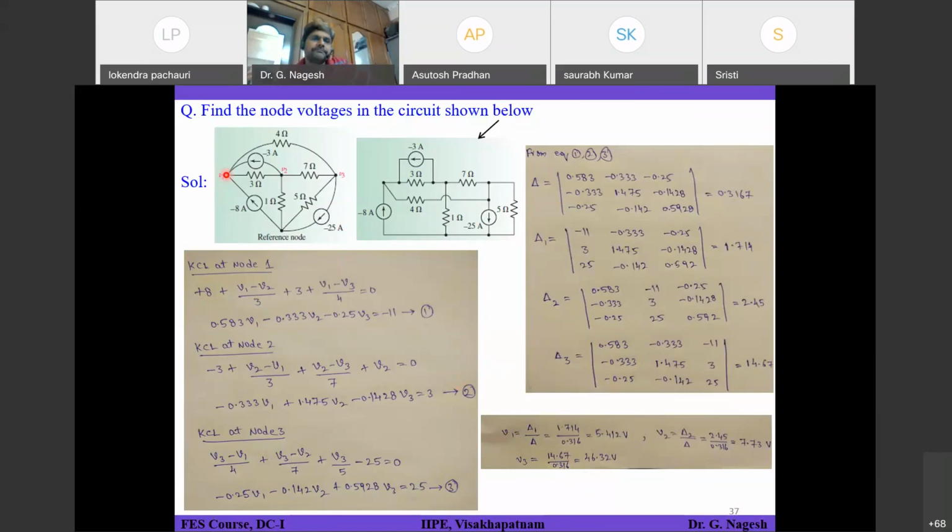So that is how you have to find out the current in different branches. If you find out current in one direction, the current flowing in the opposite direction will be the negative of what you have found out. Is it clear? Then next we'll see.